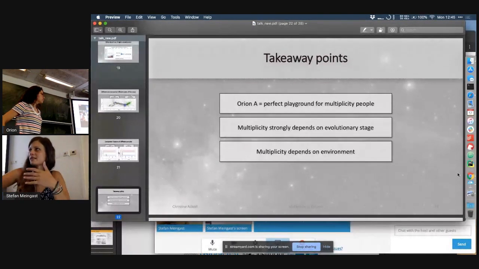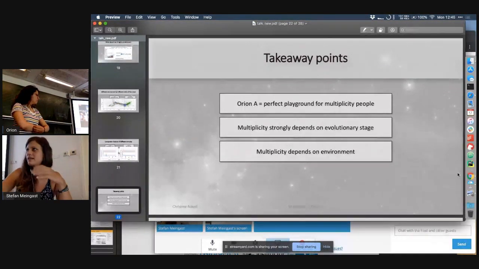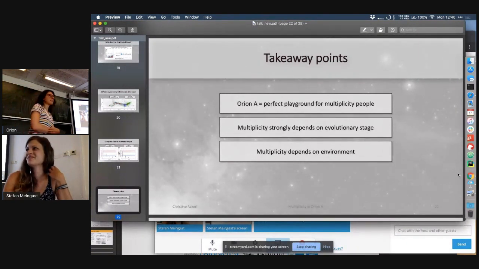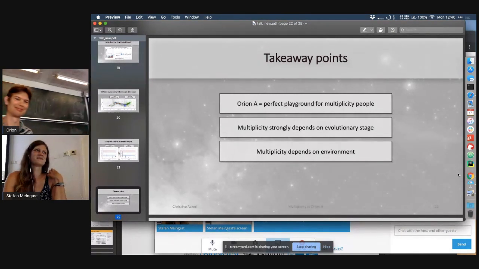So the probability that the binary star or binary system is destroyed is higher with age. Okay. Even if the environment is not dense? Apparently. That's the point, and that's the question. Okay, thanks.